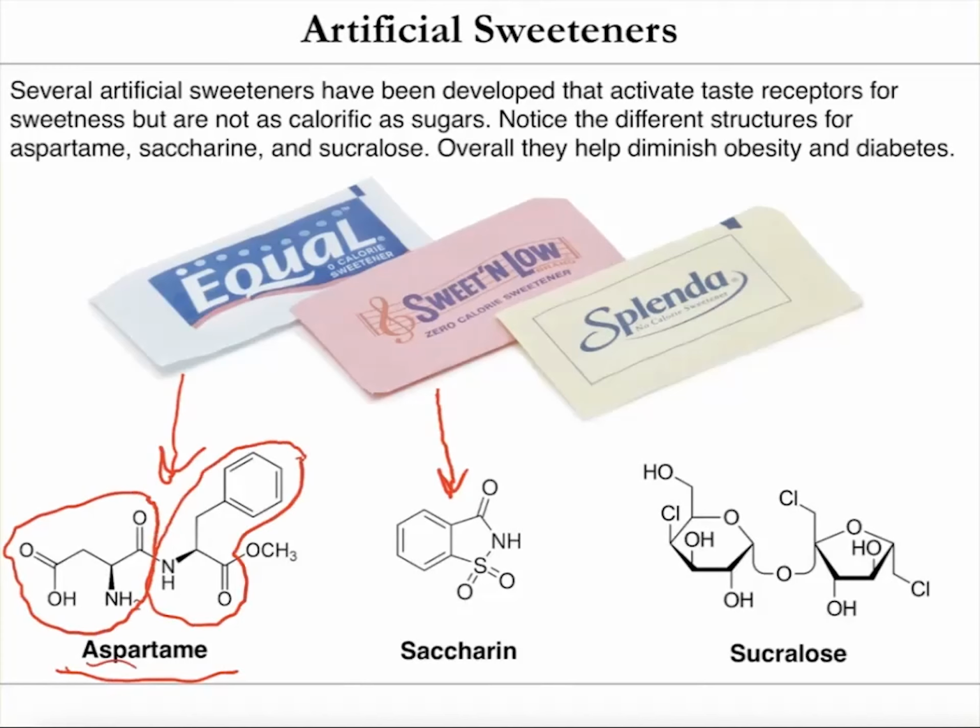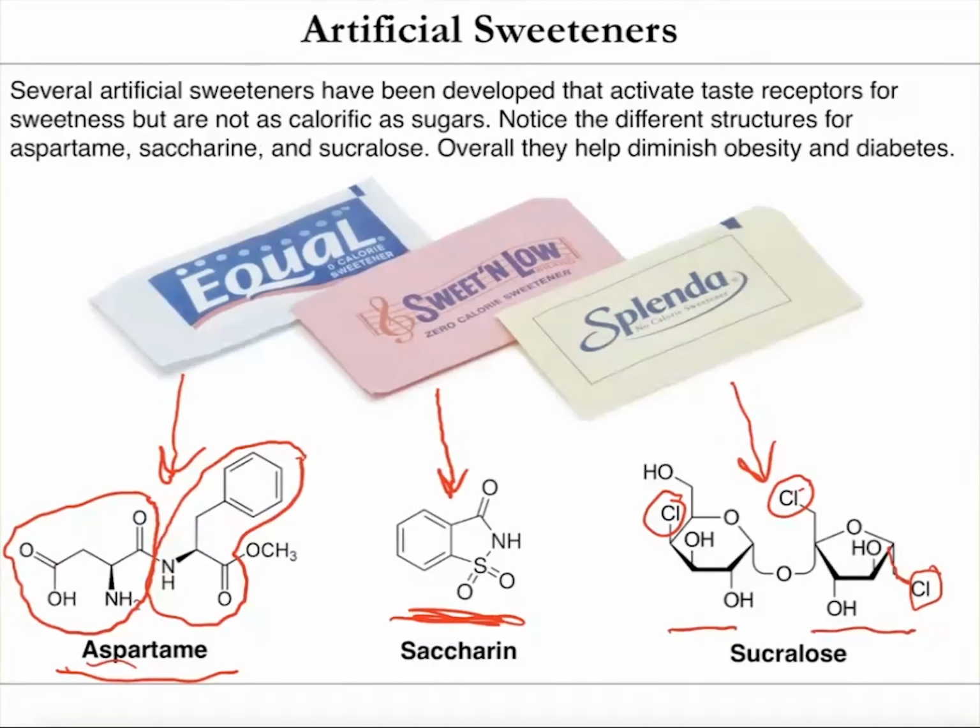So that's the structure of it. There's also saccharin, which has quite a different structure. And then there's sucralose, which is what Splenda is. You can see that has more of a carbohydrate type structure to it, but it's chlorinated. So it's got these chlorine groups on the side instead of OH groups.